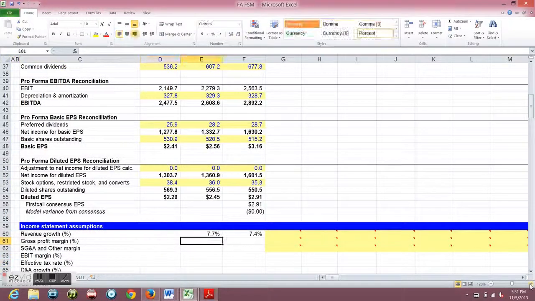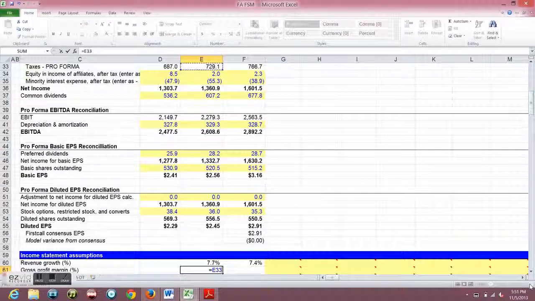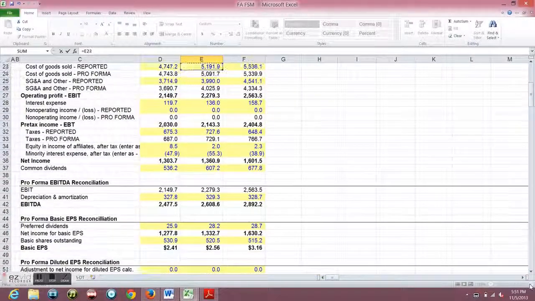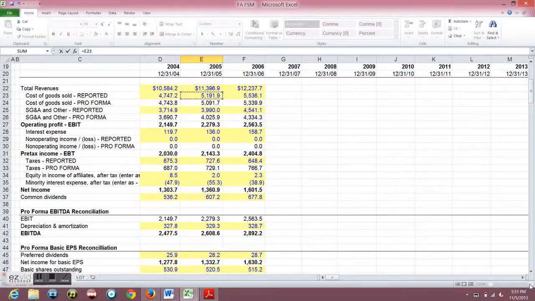Alright, so gross profit margin. How do we calculate gross profit margin? We know that when we take out COGS from revenue, we get our gross profit.